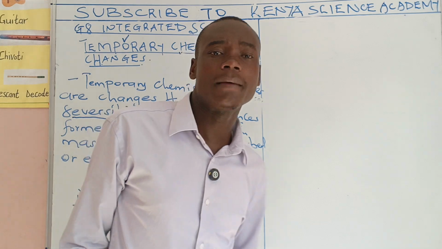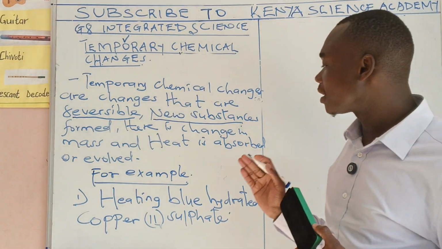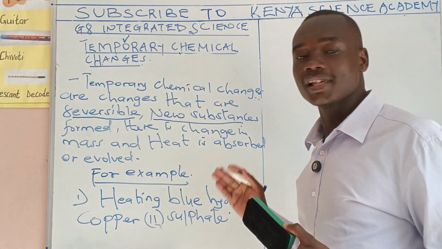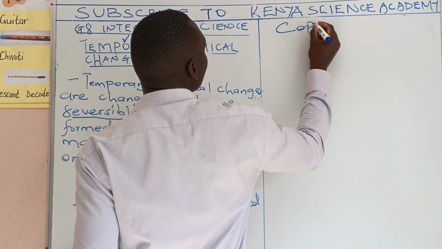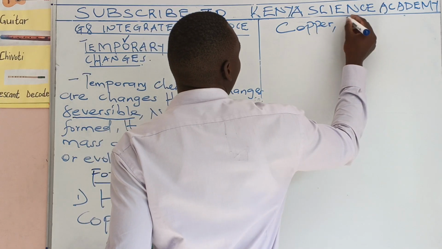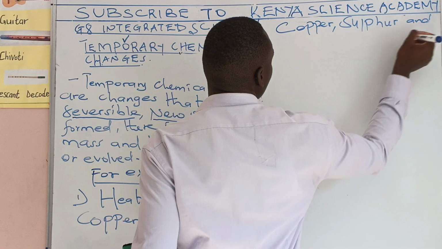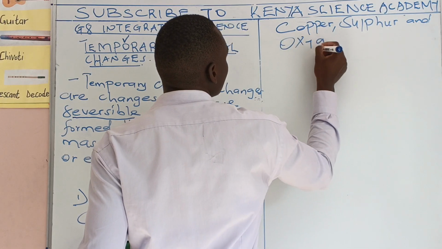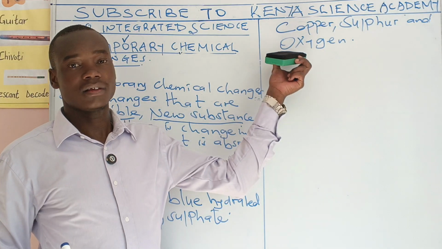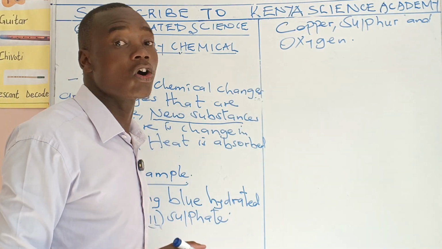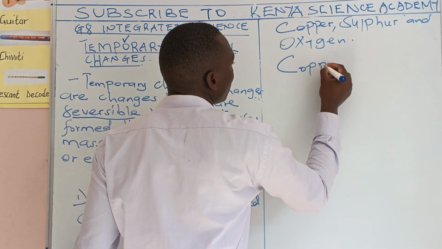Now, we have a chemical in the laboratory. This chemical is referred to as copper 2 sulfate. It means there is copper, there is sulfur, and there is oxygen. These elements make up a compound called copper 2 sulfate.